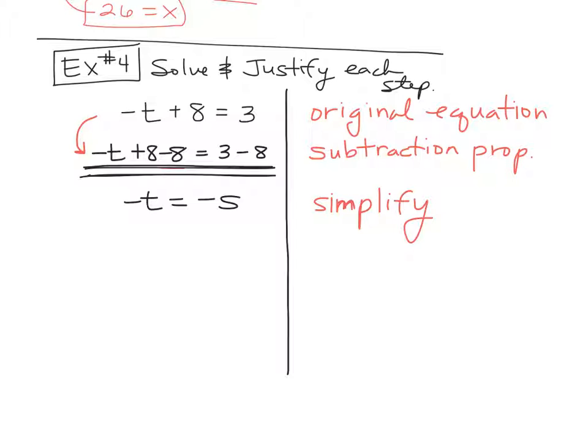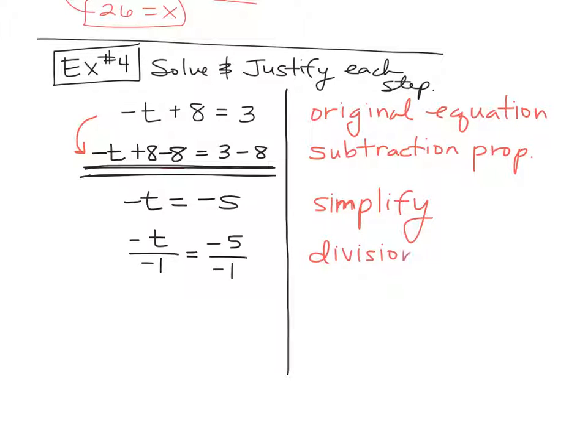Then your next one is going to look like this: negative t divided by negative 1 equals negative 5 divided by negative 1. What did I do? We're trying to make it a positive, and what did I do to both sides? Divided by negative 1, right? So that is the division property.